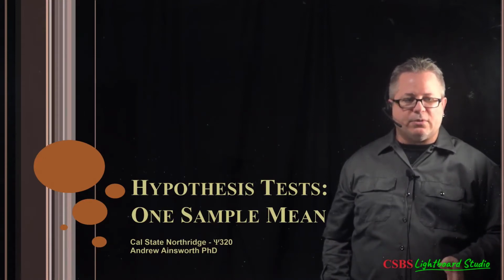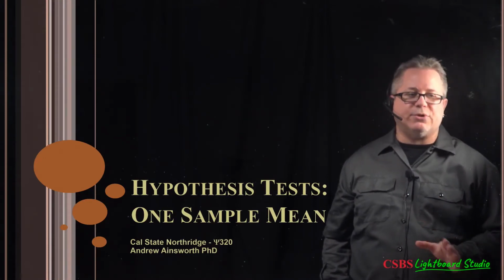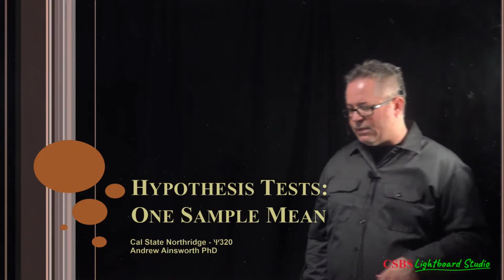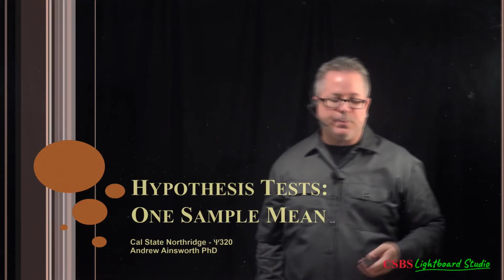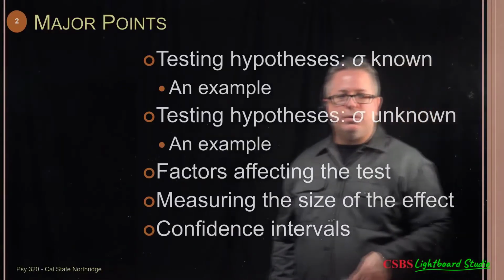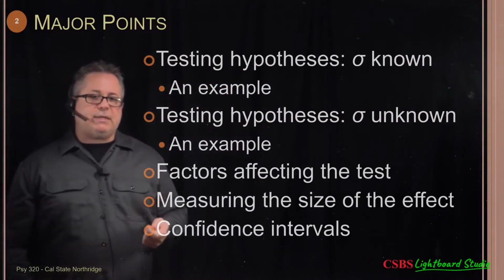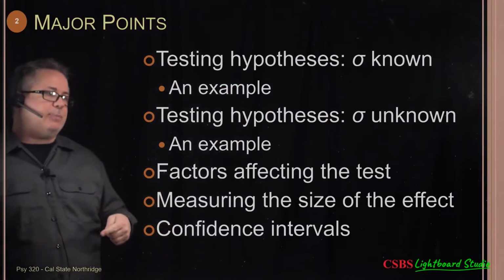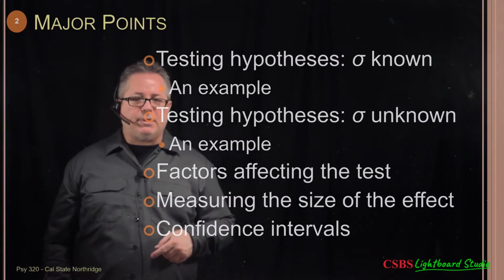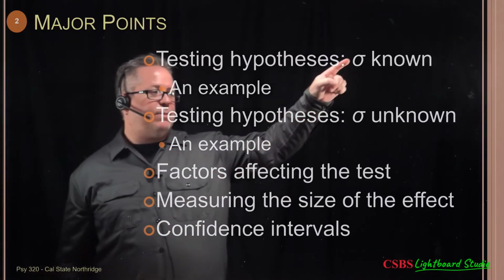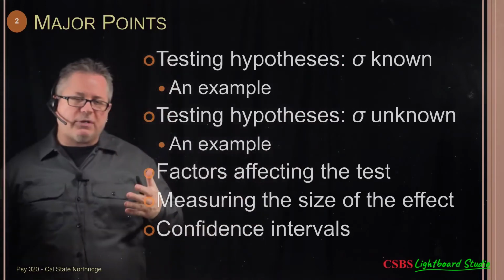So this first one is really just a rehash of the last lecture, done in a more formal way, so you can get the idea of how to do the steps. The major point here is we're going to talk about how to test a single sample hypothesis versus a population in two different ways. One, if sigma is known. Remember, what is sigma?